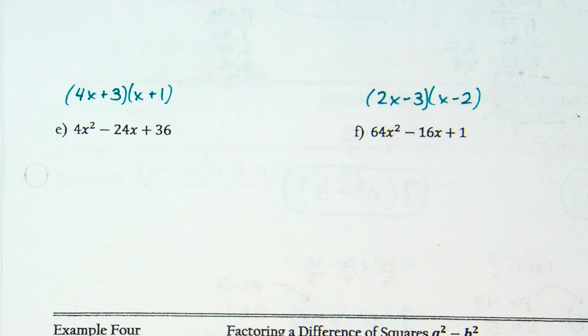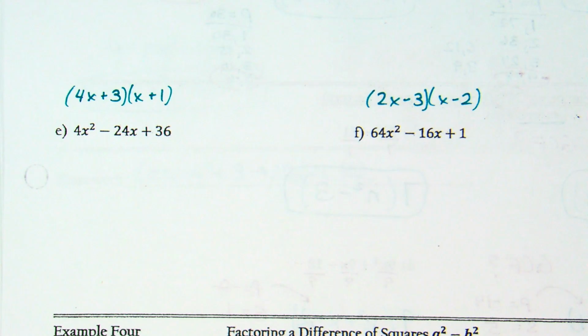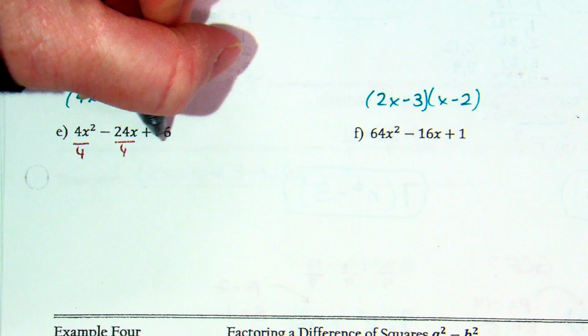What's my first question on E? Okay. Always start off with, is there a GCF? Is there a GCF between 4, 24, and 36? Yeah, there is. So before you start into any other process, GCF that 4 out of there. So divide each of these by 4.